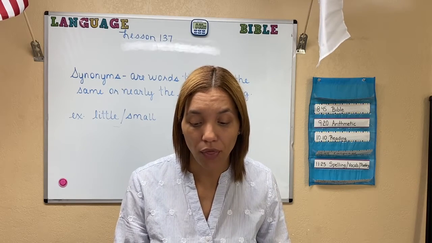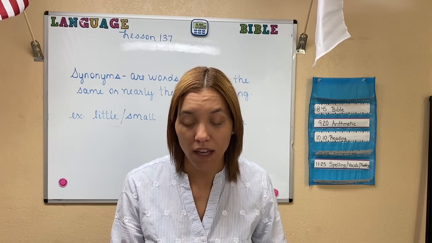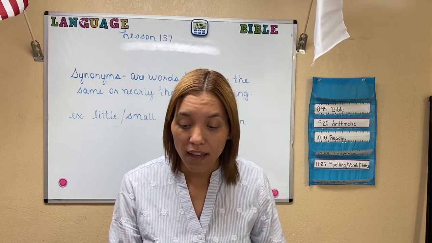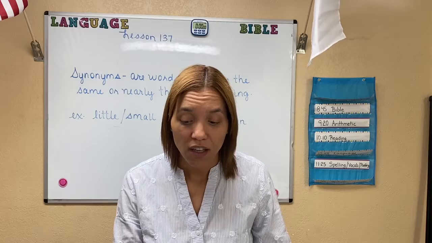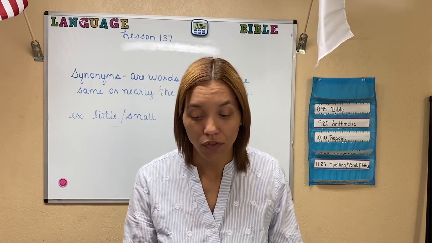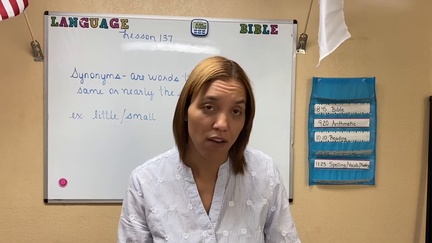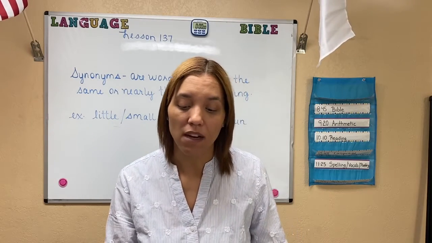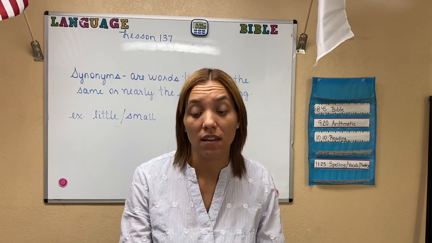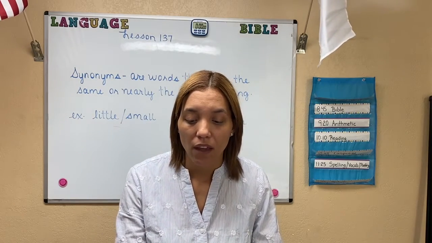It says tree, pine, and evergreen. Which one do you think is the word that is the most specific and exact? Tree, pine, evergreen. It is pine because it's telling you the specific tree that it is. So it is a pine.